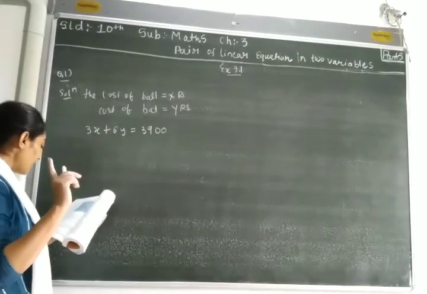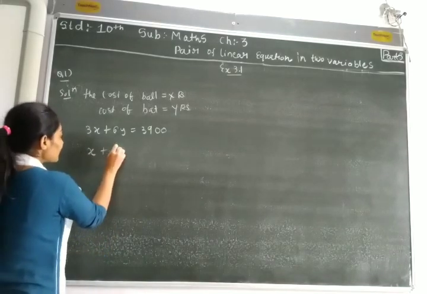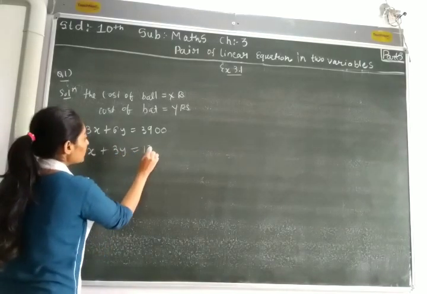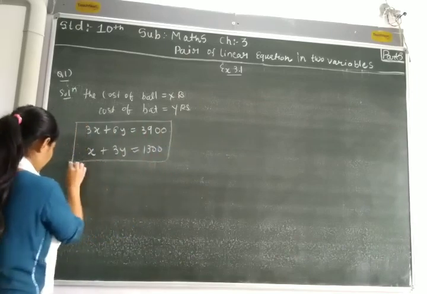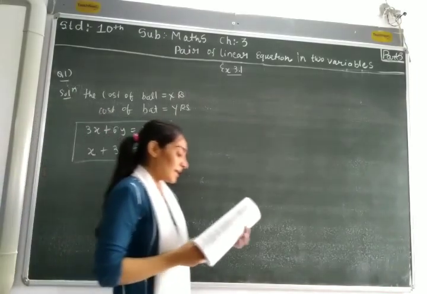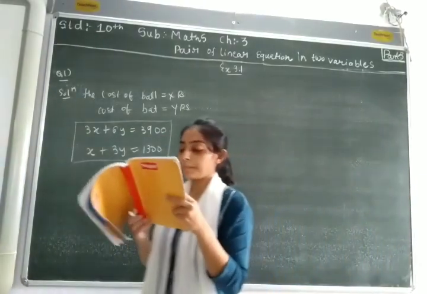So 1 bat and 3 balls: x plus 3y equals 1,300. The question says represent the situation algebraically and geometrically.